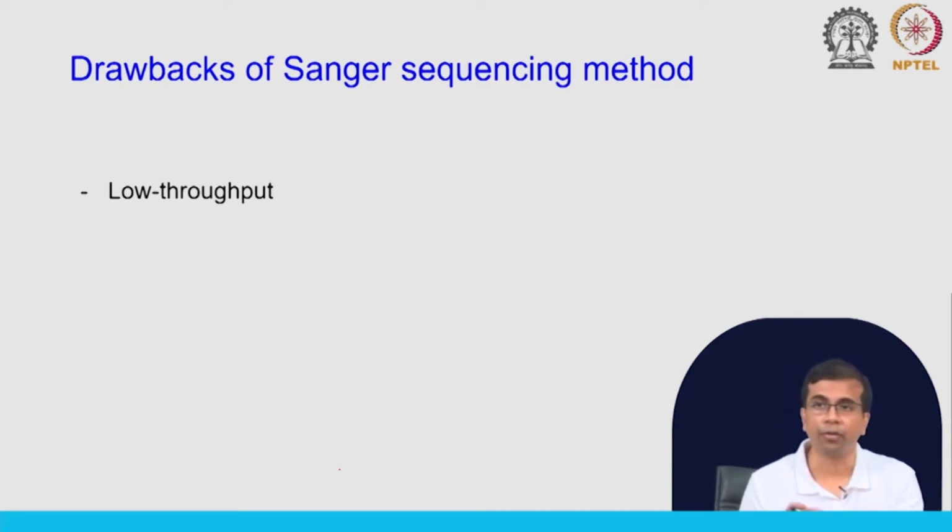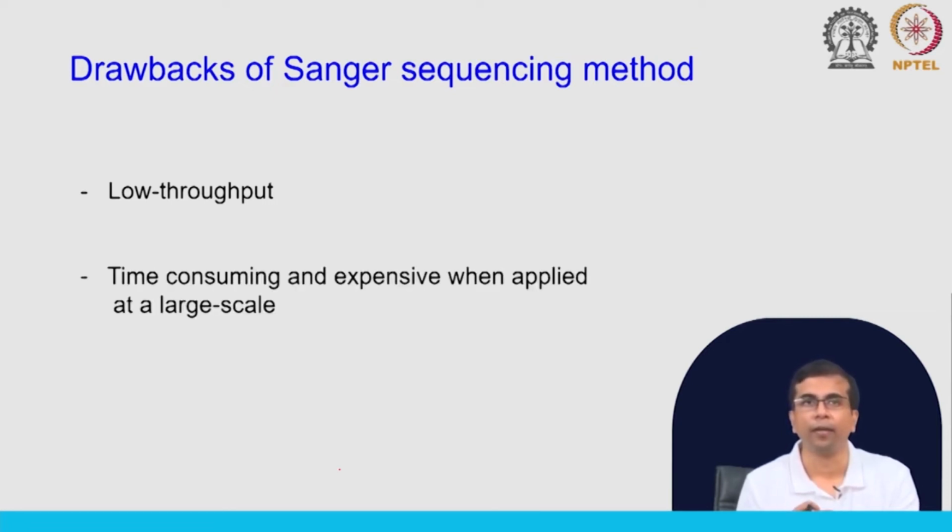So, this is a very low throughput method. You have to generate these fragments in the lab, you have to clone them and then do the sequencing reactions, right. This dideoxy determination reaction for each of these fragments and then run through capillary electrophoresis, right. So, this is a very tedious process and it takes a lot of time.